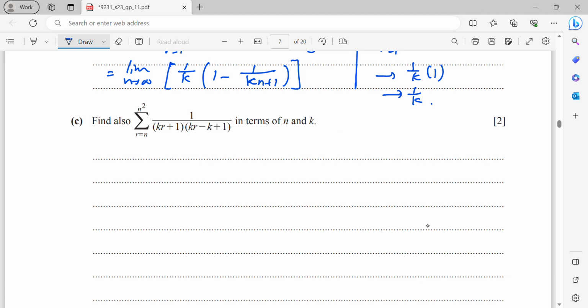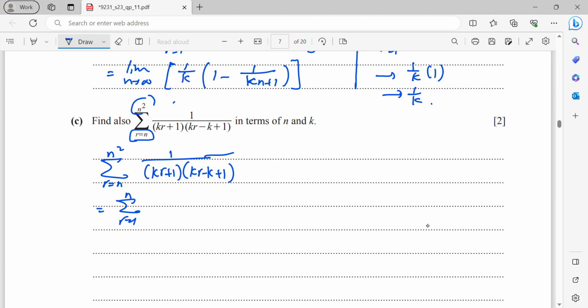Okay, now C, find also this sum, but now your sum is r from n until n squared. Alright, so now we need to consider the sum from 1 until n squared. So this is sum from 1 until n.